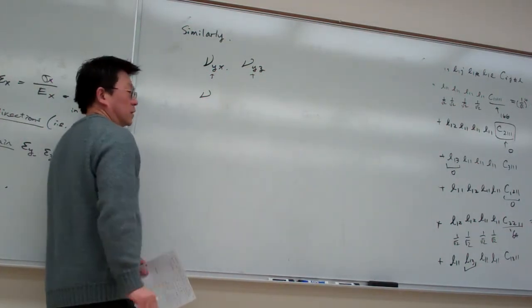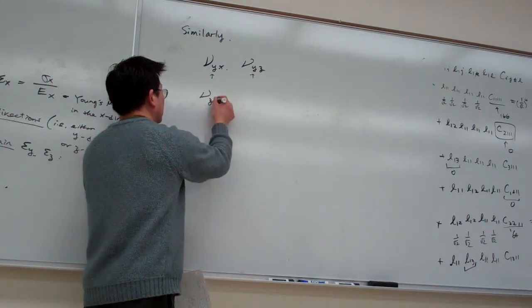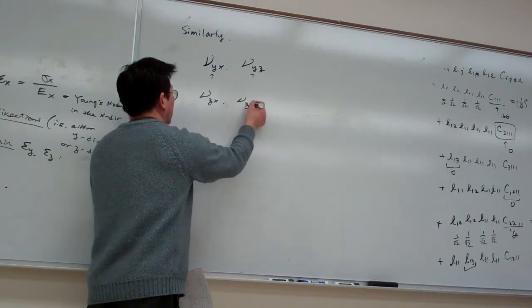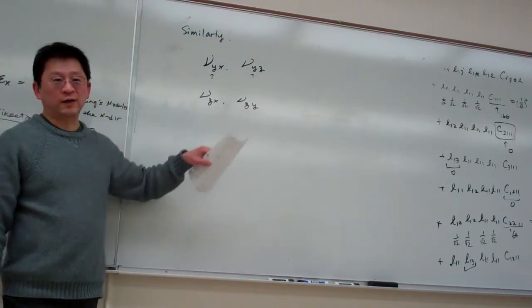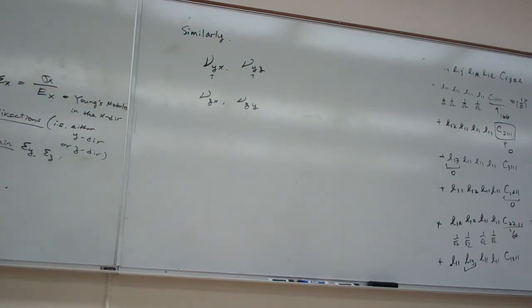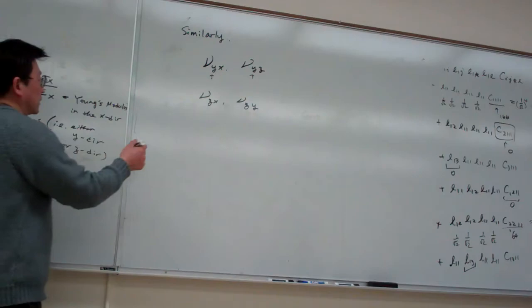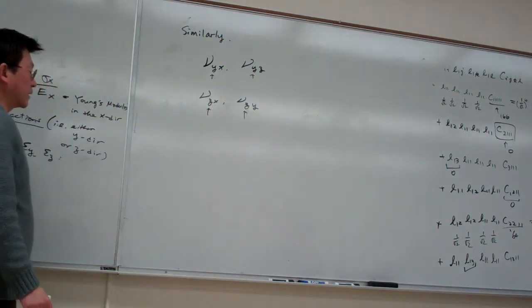And also, if you apply the uniaxial loading in z direction, you can estimate the calculation for the Poisson ratio like this. Okay? So, I look at those symbols here, and this is the loading direction, and the second one is the lateral direction.